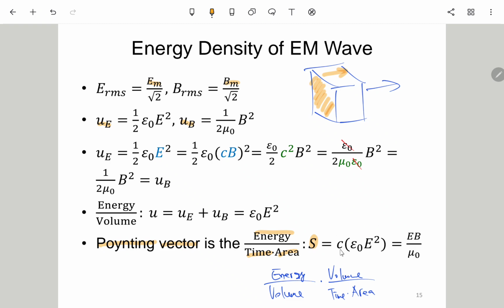So it becomes c times epsilon naught E squared.